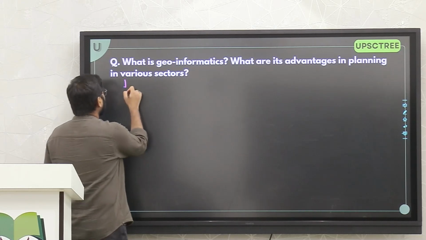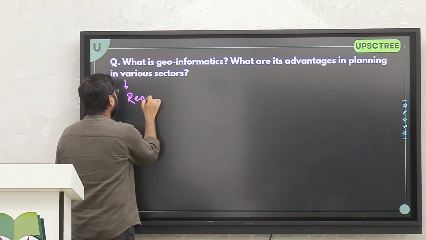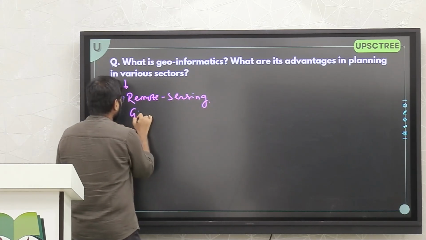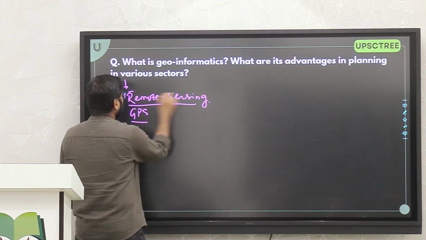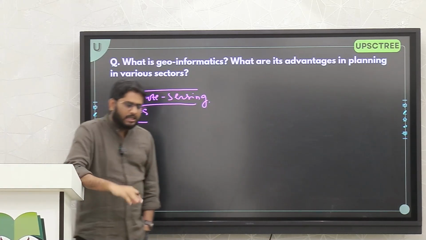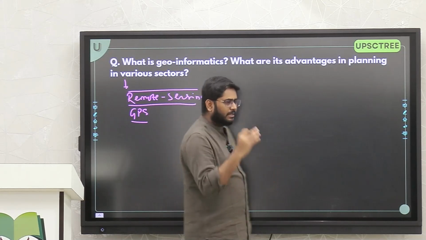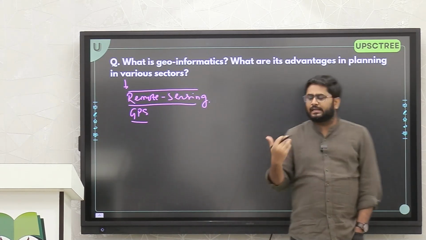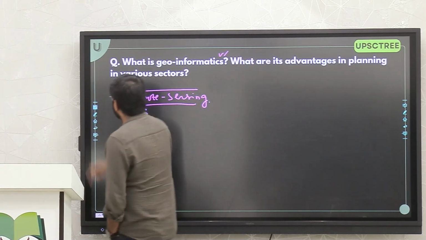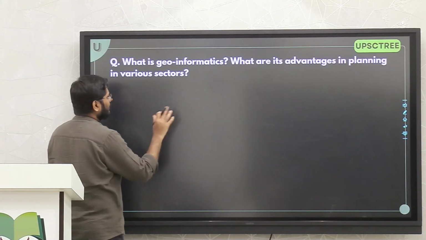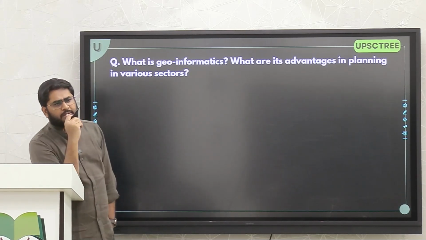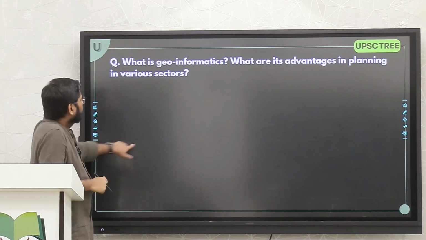Geoinformatics means you are using remote sensing data, GPS, all this kind of data you are using for planning. And when you talk about planning, it can help in disaster management, urban management, agriculture, and many other applications. I think there is an article in UPSC Tree on geographical information systems, maybe from 2016-17. Read that, you will have an idea.